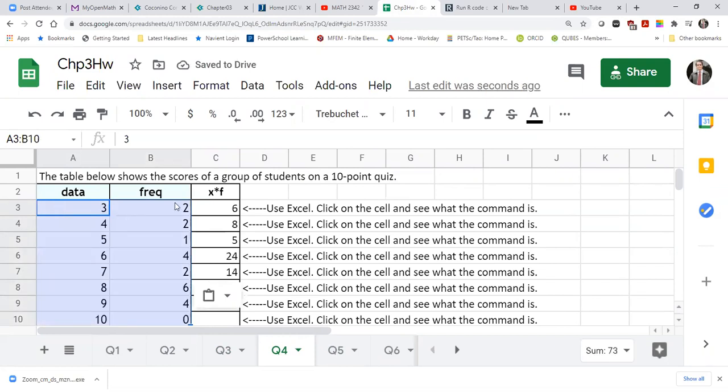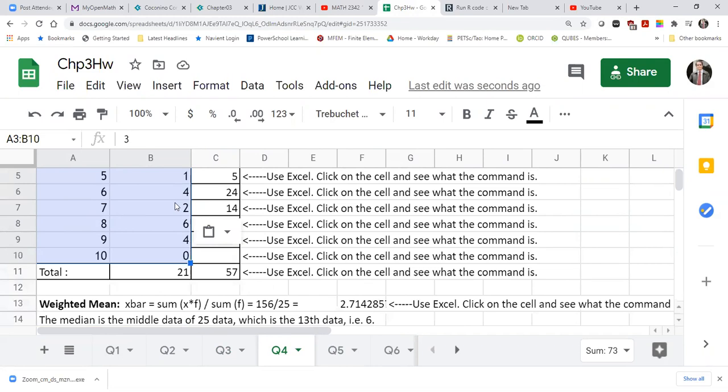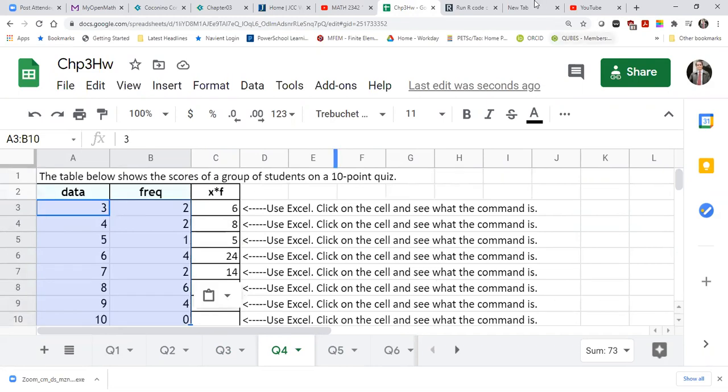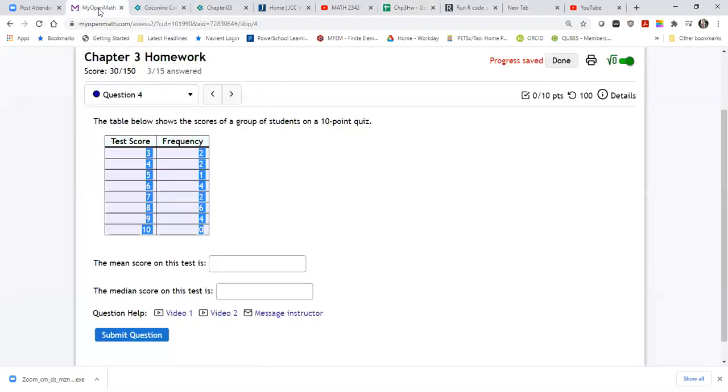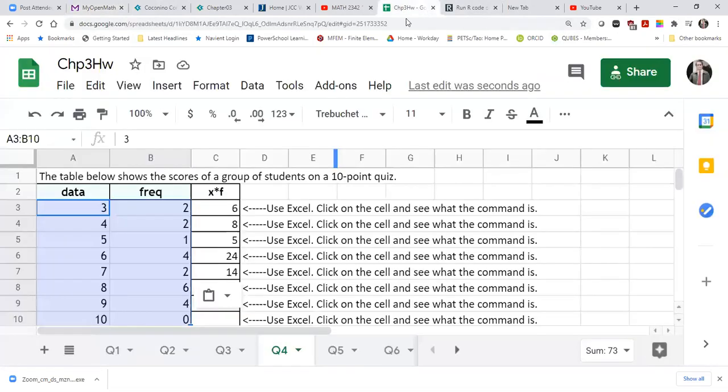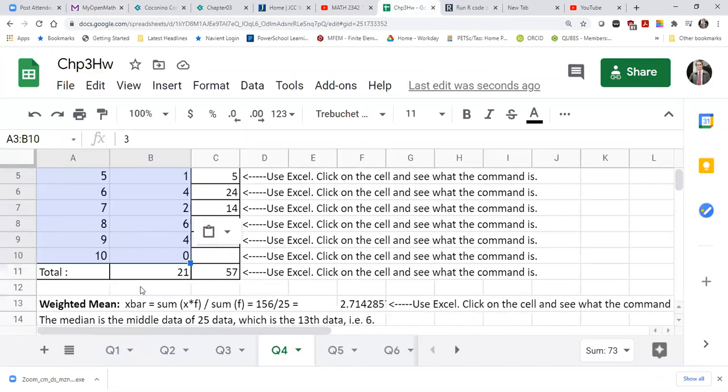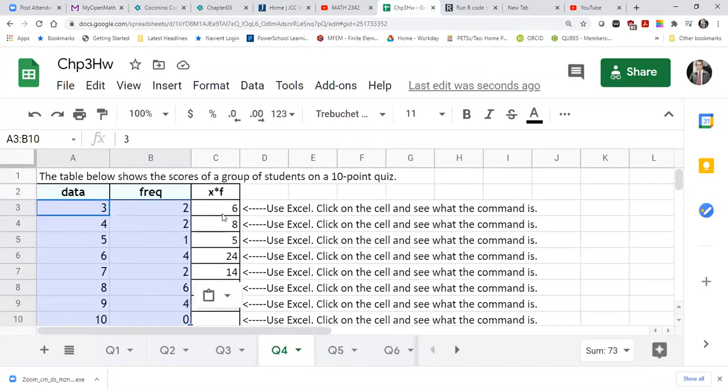So you can see the data is from 3 to 10, right? Okay, and you have 2, 1, 4, 2, 6, 4, 0, right? So automatically it will give you this because, you can see, P3 is where we multiply 3 and 2, right? You got this one. Okay.